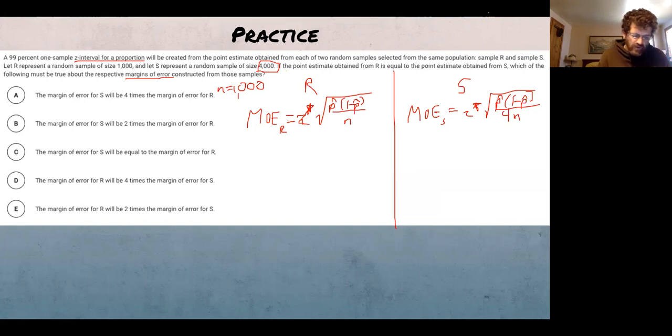All right, so now we can do a little bit of conversion and figure out that over here on the right side, we've got still our Z star times P hat times 1 minus P hat.